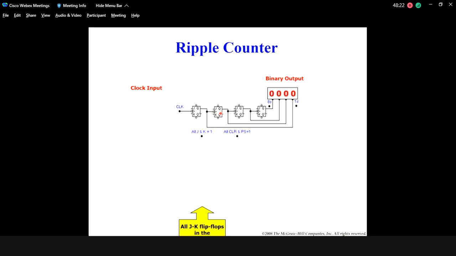So the JK flip-flop is in the toggle mode, and because this one is negative edge, if you see at this part, this is negative edge.